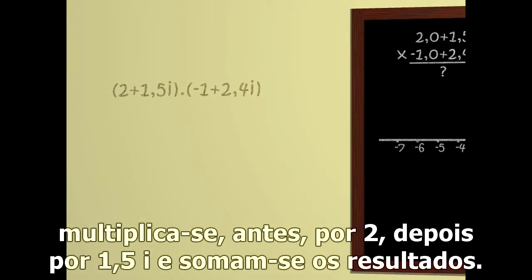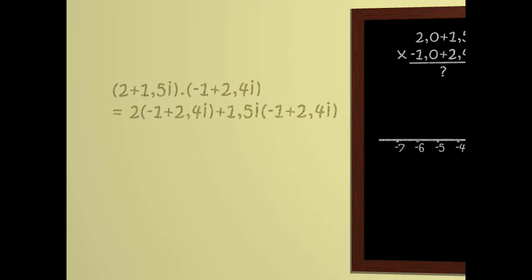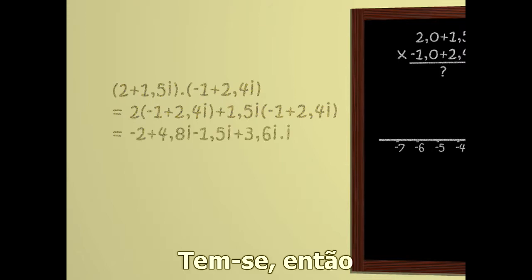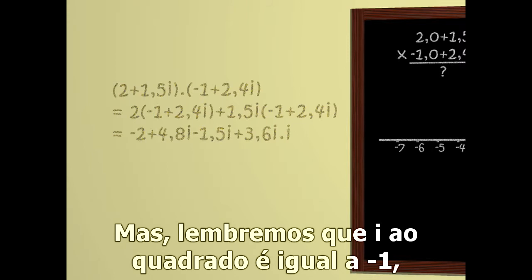We first multiply by 2 and then by 1.5i, and we add the results. Therefore, we get -2 plus 4.8i minus 1.5i plus 3.6i times i.